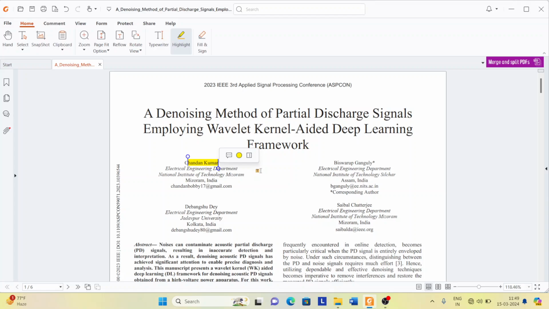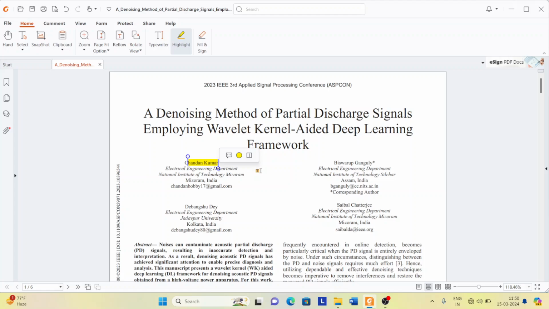Next, I have discussed how the model is trained to effectively remove the noise from the partial discharge signals while preserving the relevant information. After that, I have given the experimental setup to specify the dataset used for the training and the evaluation, including details such as the size, sources, and characteristics of the partial discharge signals.